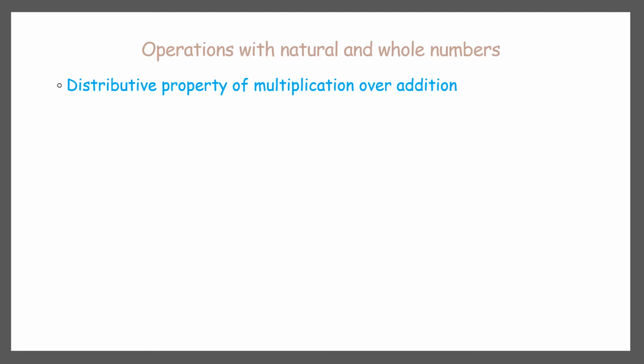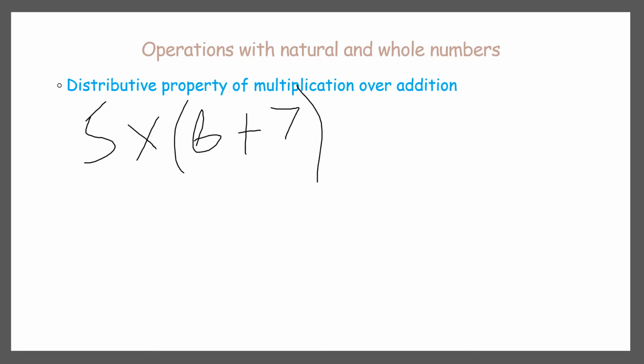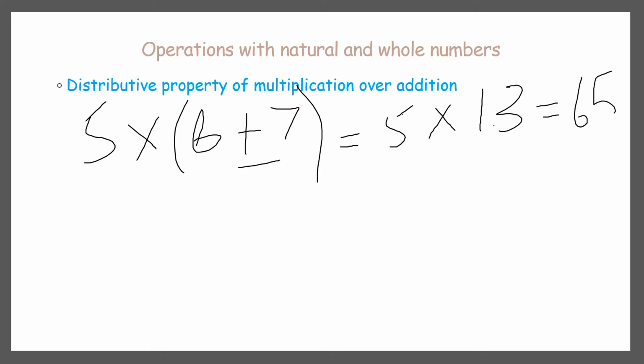For example, 5 multiplied by 6 plus 7. 5 multiplied by 6 plus 7 is 13 and 5 multiplied by 13 is 65.